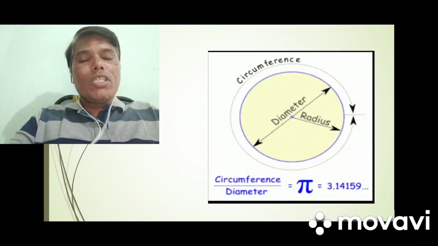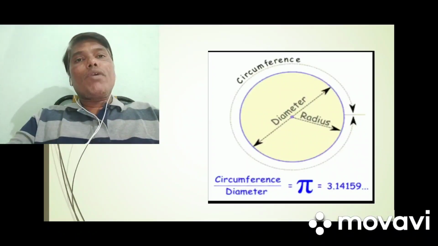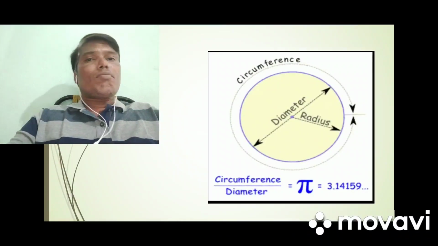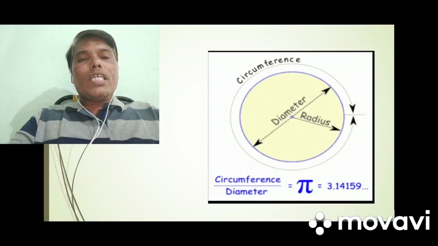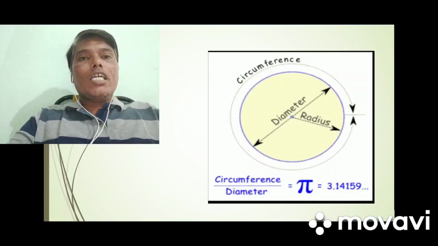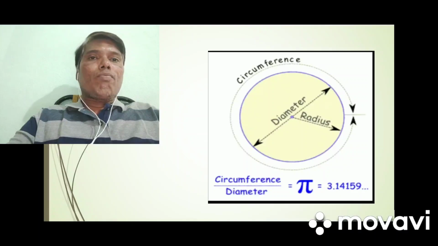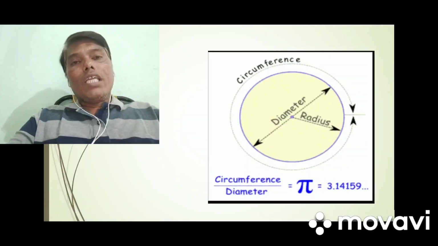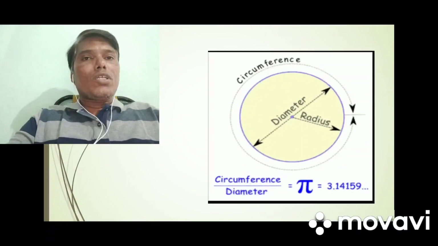Mathematicians observed that the pi value is 3.14159 and so on, irrespective of the size of the circle. This value is a non-terminating, non-repeating decimal. It is an irrational number which cannot be converted into the form p by q.